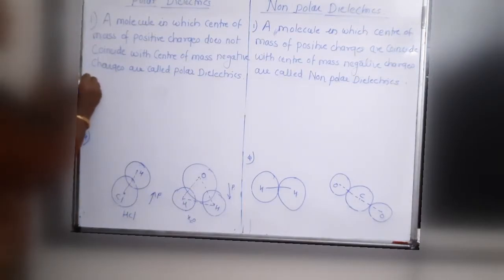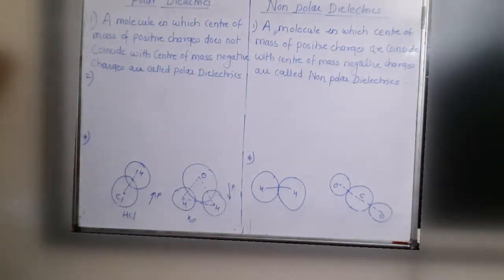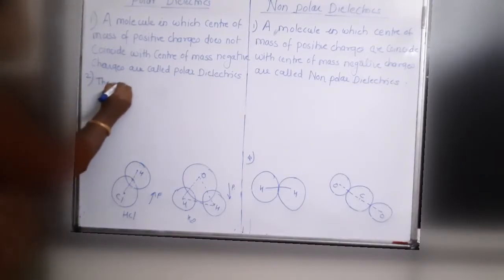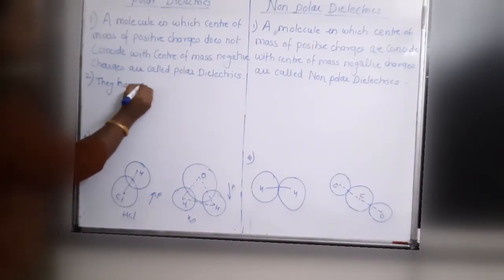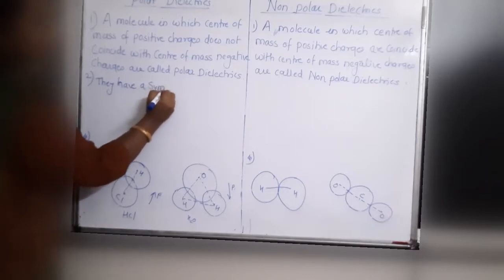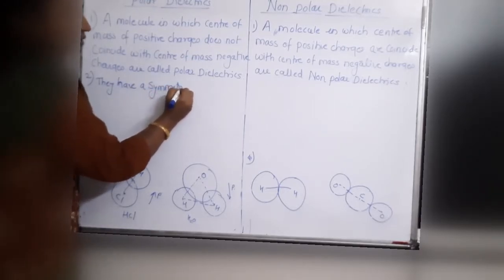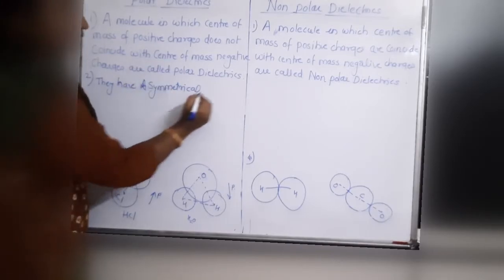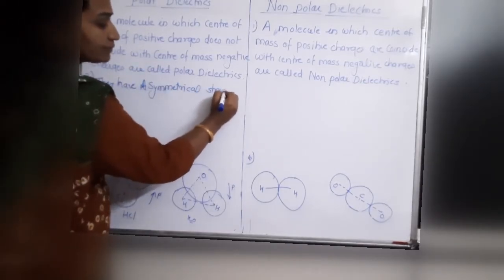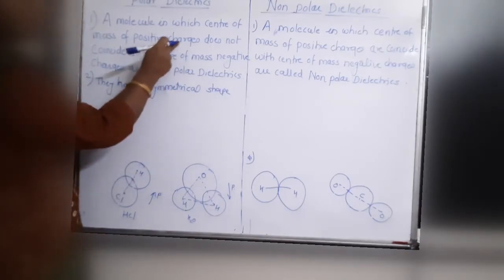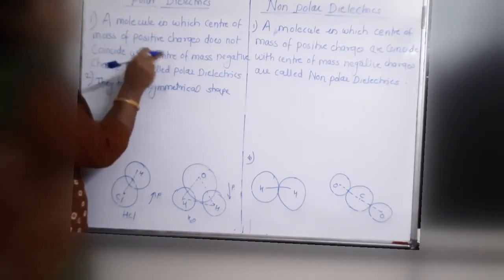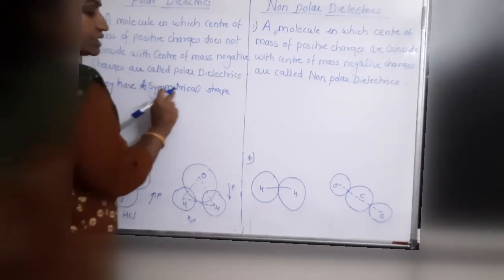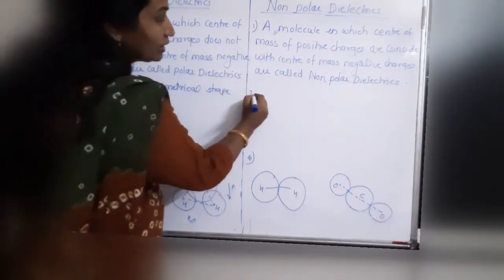The second point about polar dielectrics is that they have an asymmetrical shape, because the center of positive charge does not coincide with the center of negative charge.